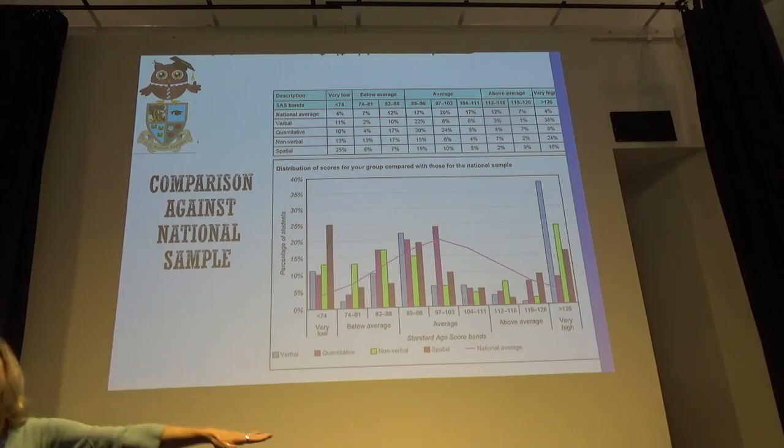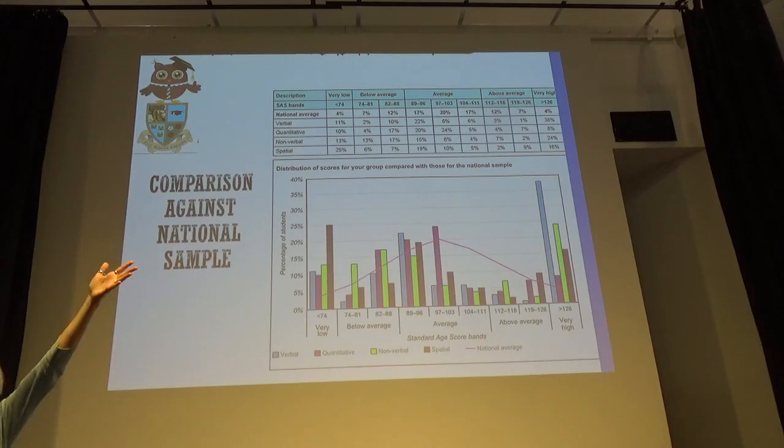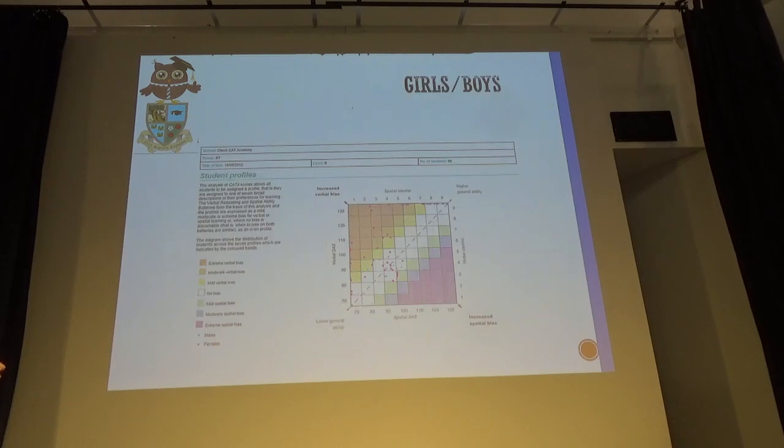You would expect there to be more children who are average ability than at either end of the ability. It tells us information like this. So it tells us if there are any biases between verbal ability and spatial ability, which I will talk to you a bit more about in a minute.